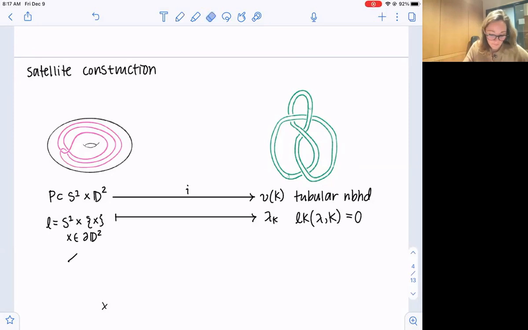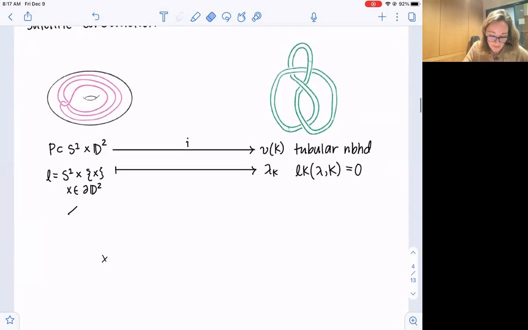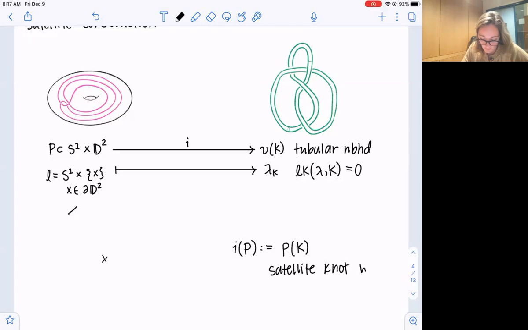Then what we care about is the image of P under this map, which we'll rewrite as PK. This is the satellite knot with companion K and pattern P.